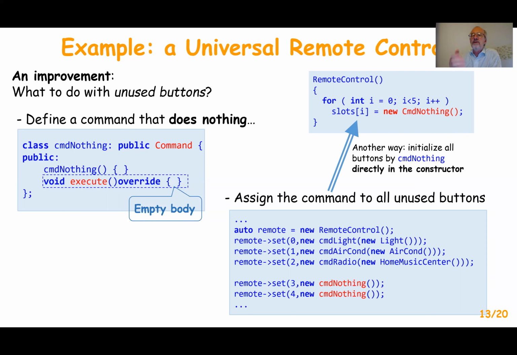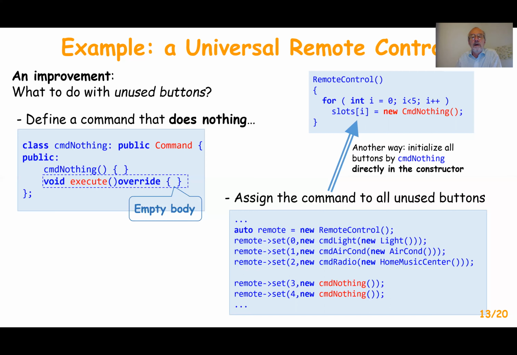Its constructor. Initially, we assign the cmd nothing instance to all slots, and after that we can apply the set function to set the concrete command to the corresponding slot.